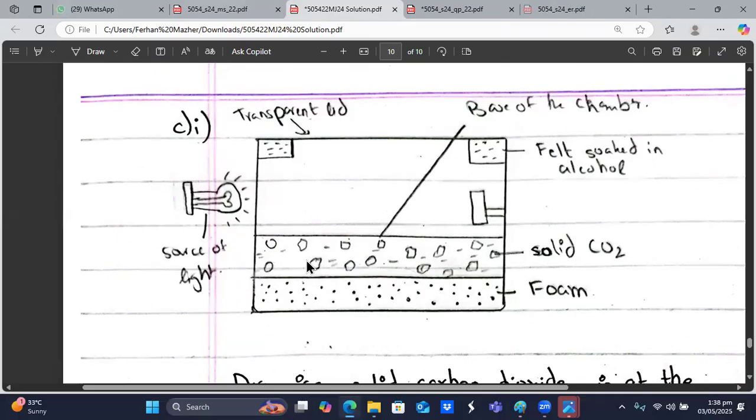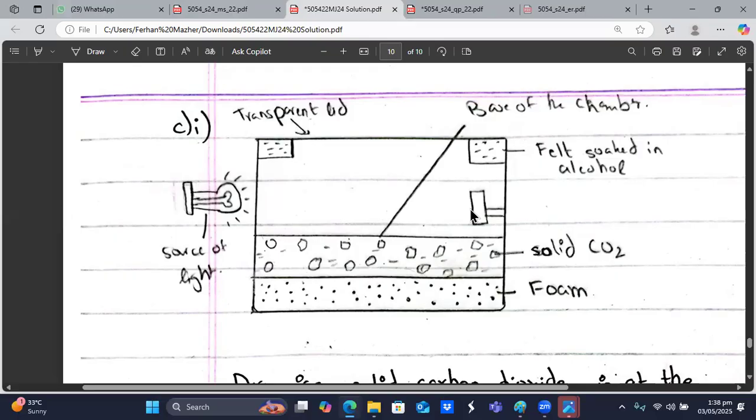Solid carbon dioxide is called dry ice, and that is very, very cold, and it is used to keep things cold. So we put a layer of dry ice here, then we put a carpet on it. The color of the carpet should be black.